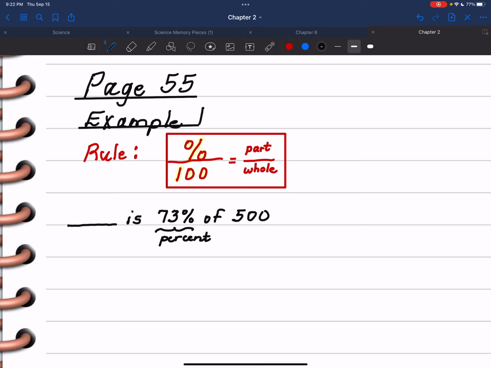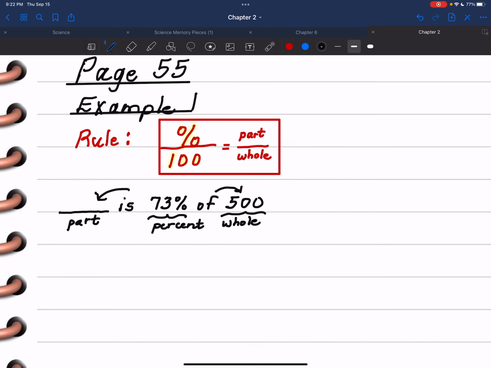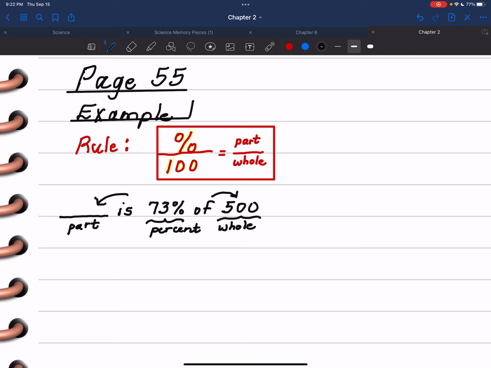The word of is leading us to a whole. So the word is going to go with the part, and that's the thing that we don't know yet. So the first thing you have to do is figure out all of the pieces of your percent sentence, and then you just set up the thing in that red box.